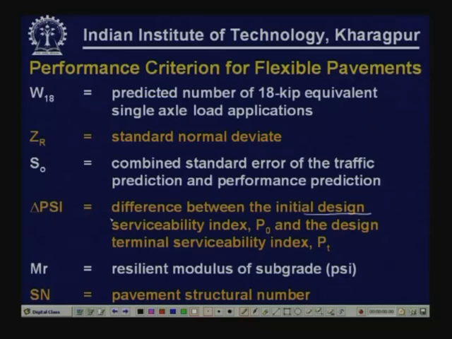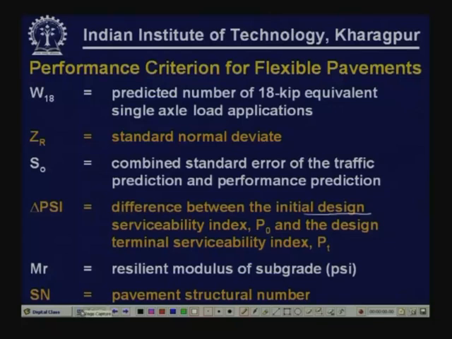We expect that the initial serviceability index is going to be 4.2, 4.3 depending on the practices that we adopt. Similarly, we are designing the pavement so that its terminal serviceability index at the end of 10 years, at the end of 50 million standard axles, 60 million standard axles, is going to be either 2.5 or 2, we are selecting that. That is why it is a design terminal serviceability index.